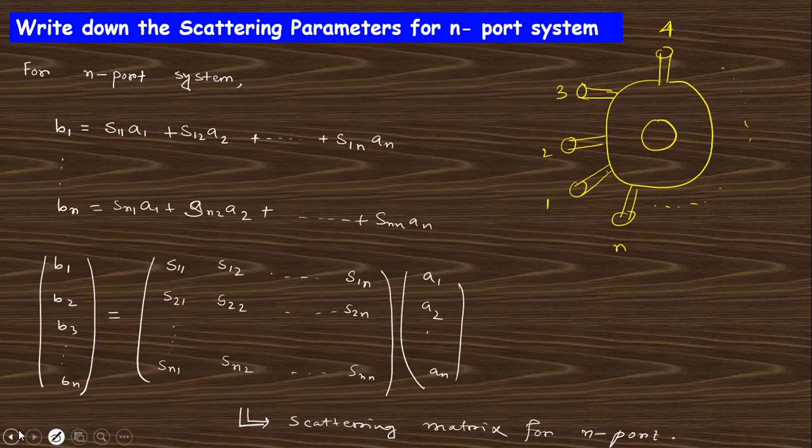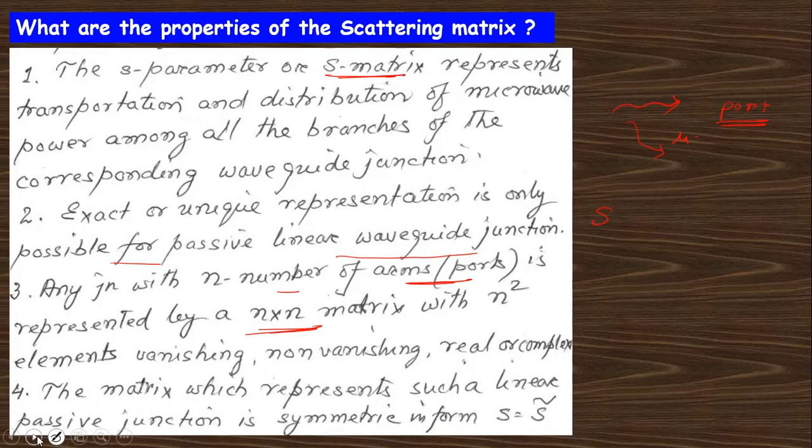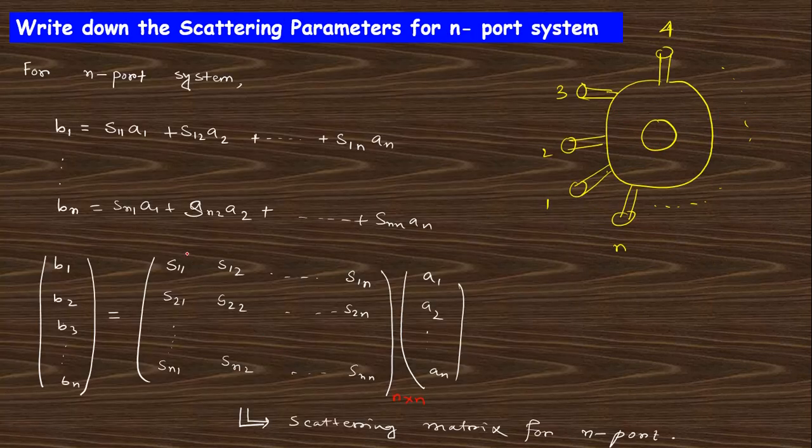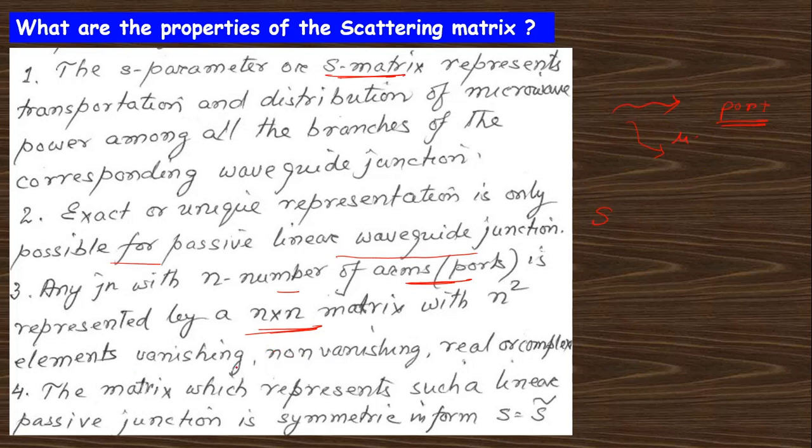You can see here there are n number of ports and the matrix will be n cross n, with n squared elements. An n cross n matrix means there are n squared elements, and these elements may be vanishing, non-vanishing, real or complex.